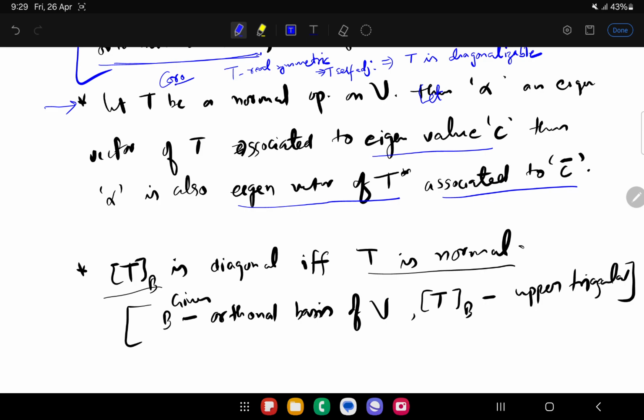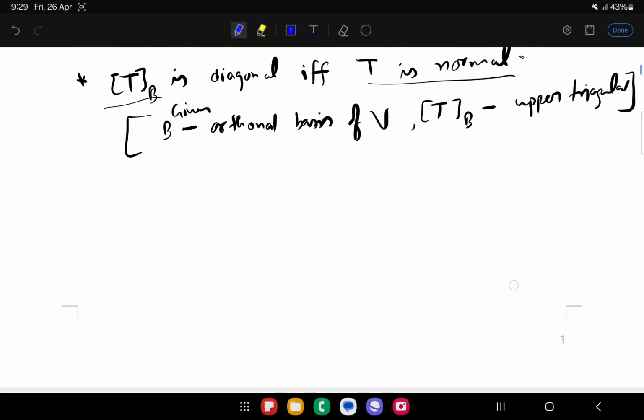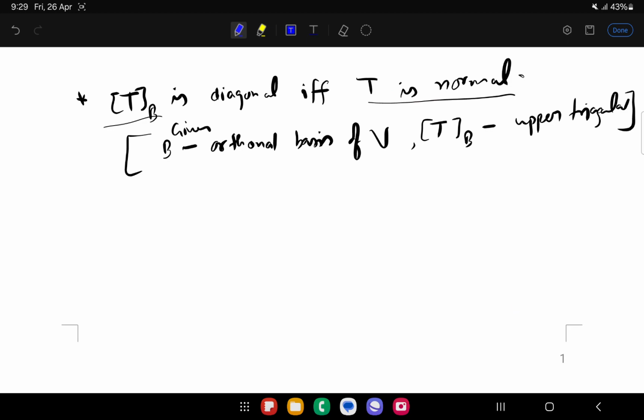Okay, so this is also done in the class. So all these results I have mentioned here. You can see the class; these theorems and statements are basically taken from the class notes only.